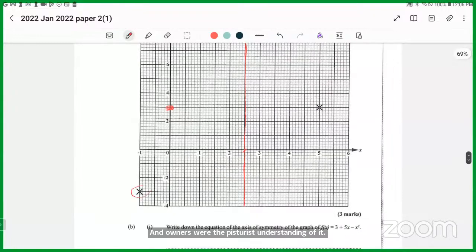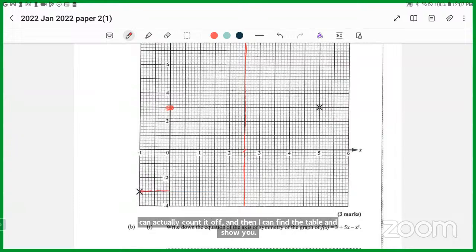Similarly, this point down here, whatever the distance is to this axis, there's a point on the other side of it, the same distance. And you can actually count it off, and then I can find it on the table and show you. 1, 2, 3, 4, 5, 6, 7. 7 is the distance to the axis of symmetry.